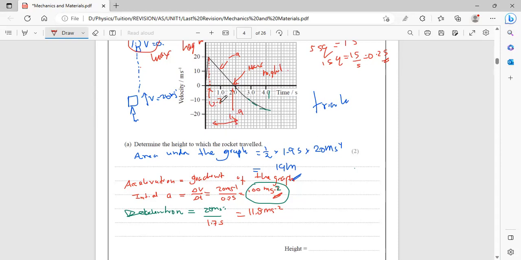So the difference of 1.9 and 0.2 would be 1.7. So the run is 1.7, rise is 20. So 20 divided by 1.7, 11.8. So it's approximately 12 meters per second squared.